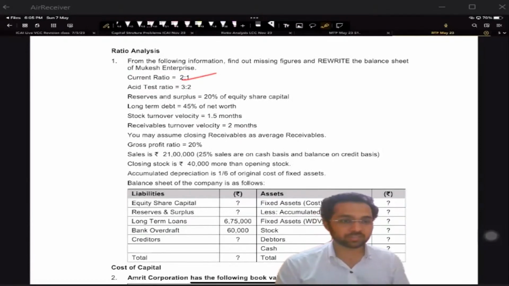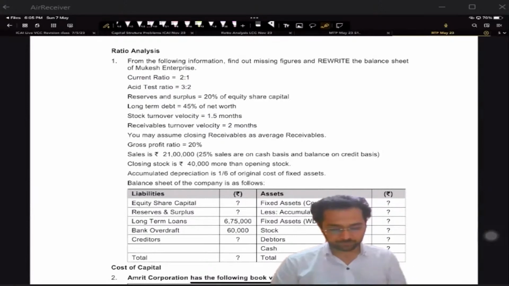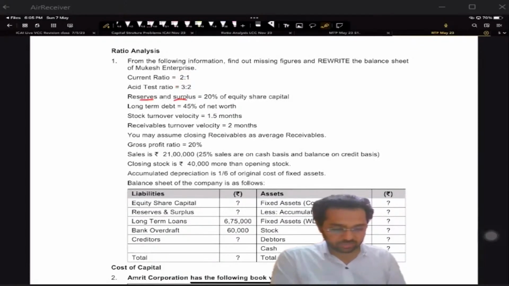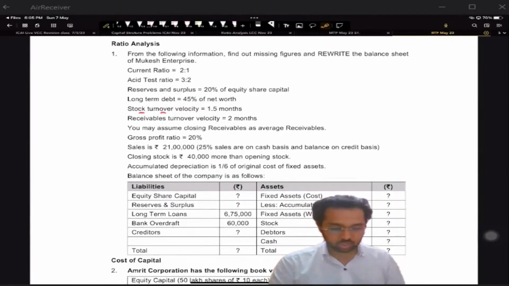Current ratio is given 2:1. Acid test ratio is given 3:2. Reserves and surplus is 20% of equity share capital. Long-term debt is given as 45% of net worth. Stock turnover velocity is 1.5 months. Receivables turnover velocity is 2 months.